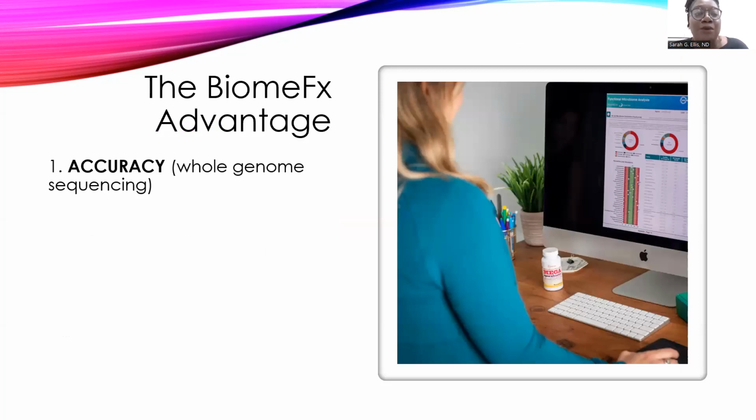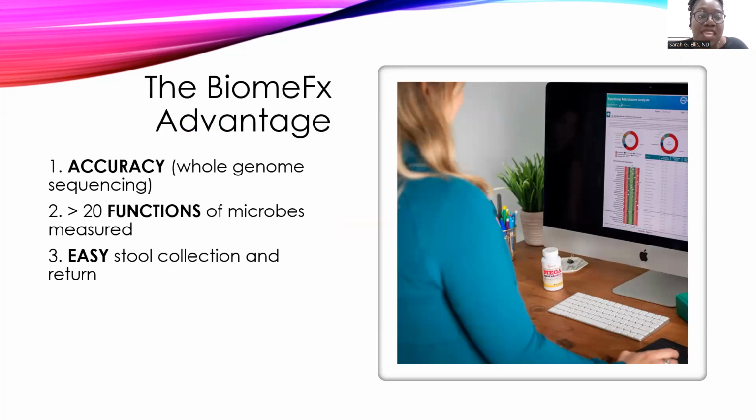So, the BiomeFx advantage. Number one, accuracy using the whole genome sequencing technology. We measure over 20 functions of the microbes. The stool collection is very easy, and we provide dietary insights as well.